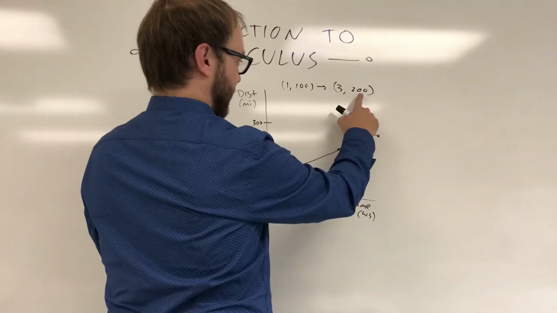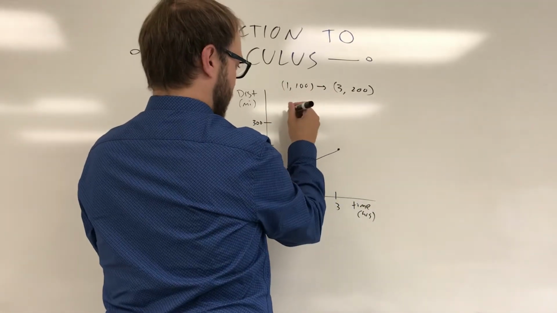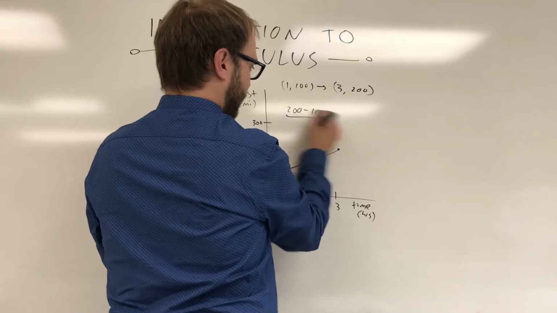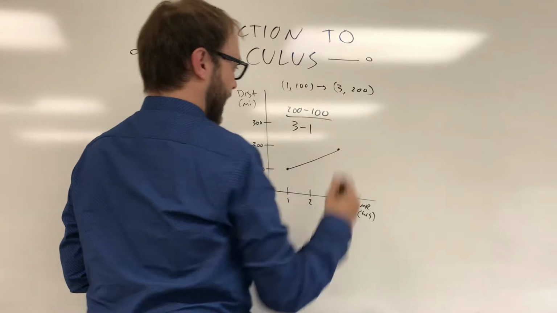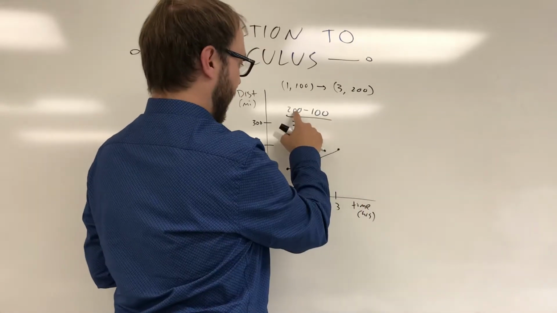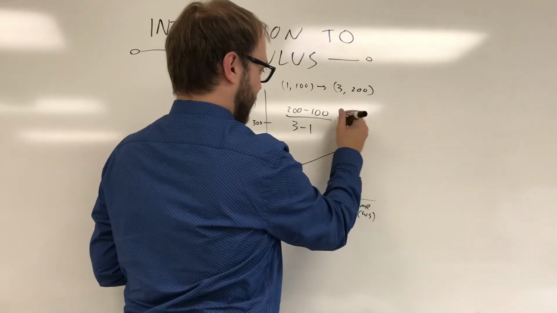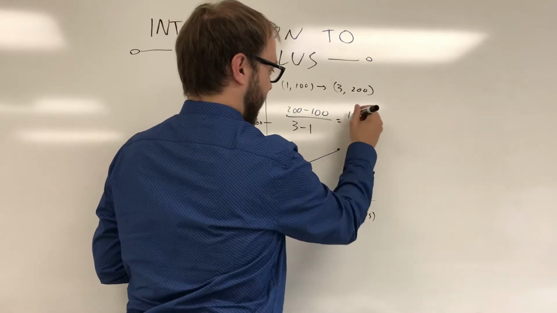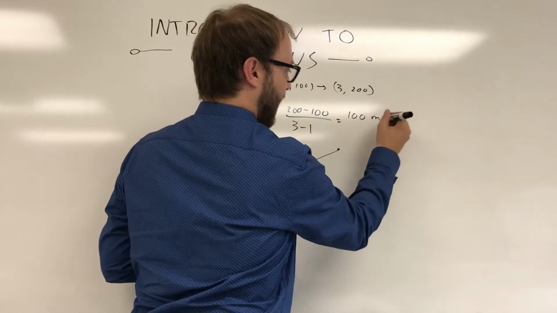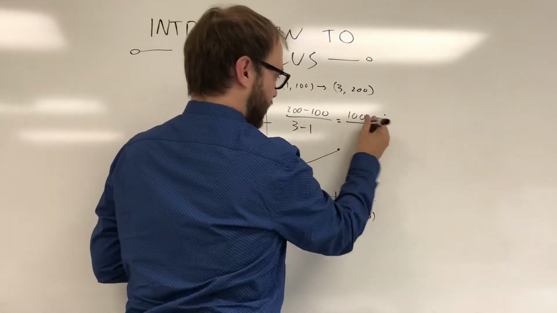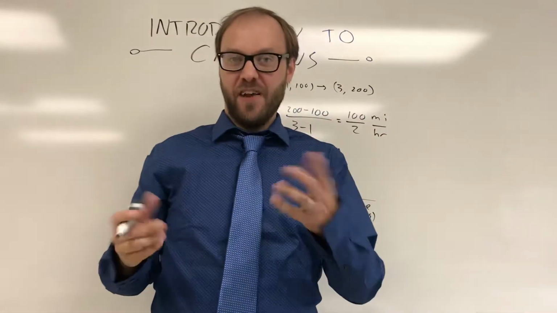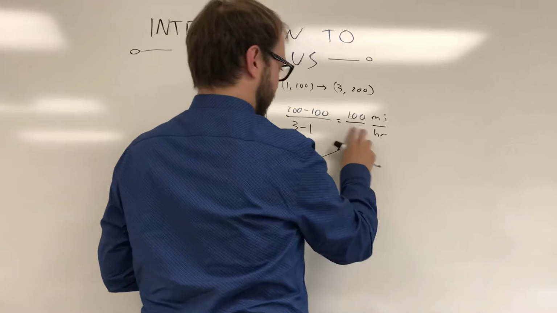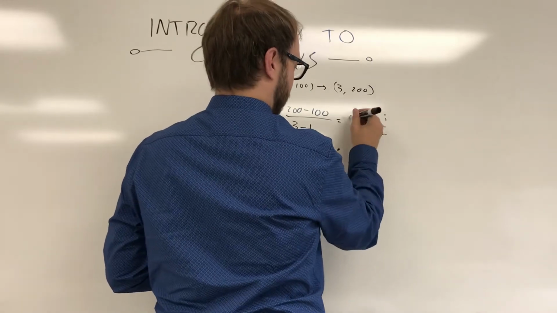The total distance here is going to be 200 minus 100. The total time would be 3 hours minus 1 hour, okay? And by the way, you can put your units in here too. This is in miles, okay? So we find that there was a total change of 100 miles in the course of 2 hours, okay? And of course, 100 divided by 2 is going to work out to be 50 miles per hour, okay?